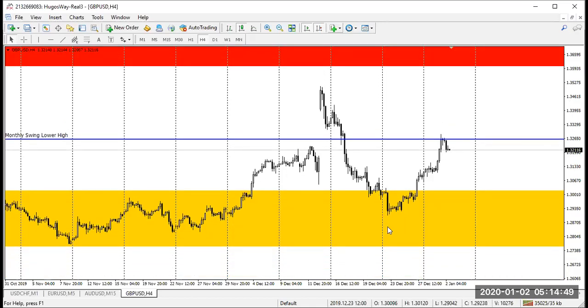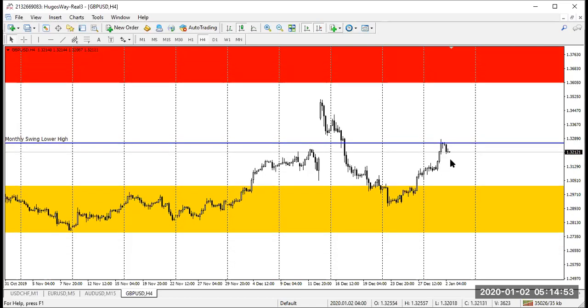Okay, and we can see a nice potential fall off breaking point here. All right, if we come up here to this swing high, this candle here closed at, let's see if I can get it, 1.32256.